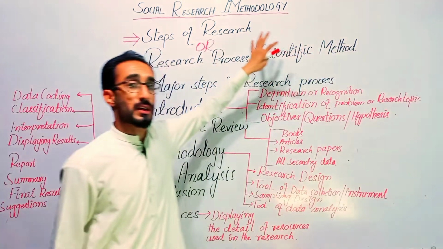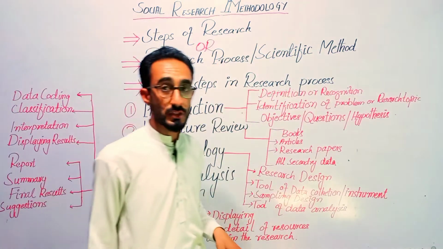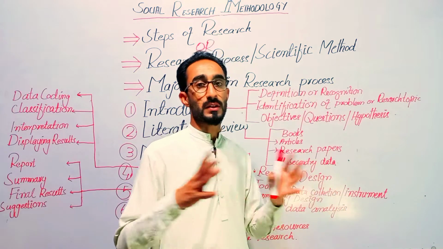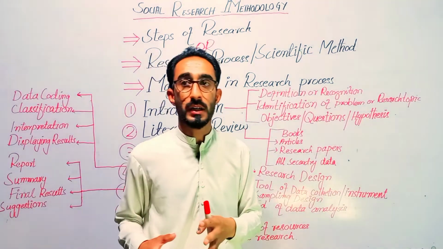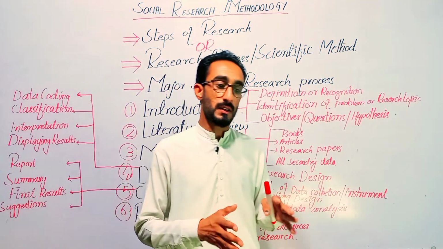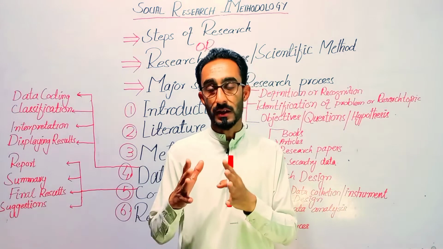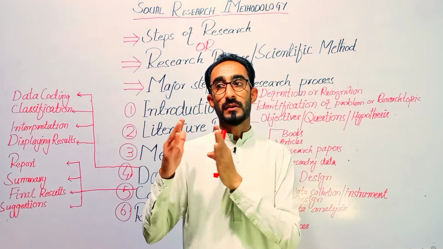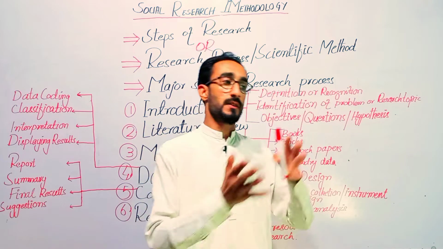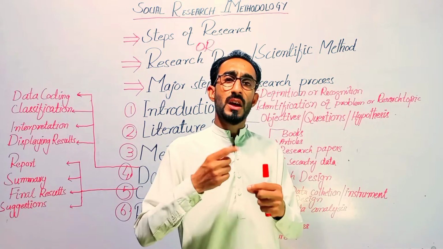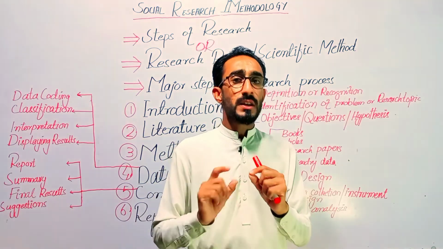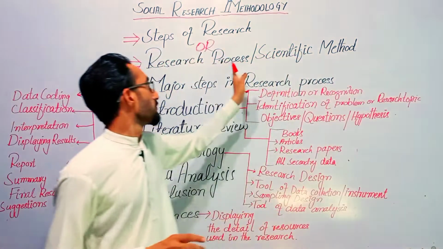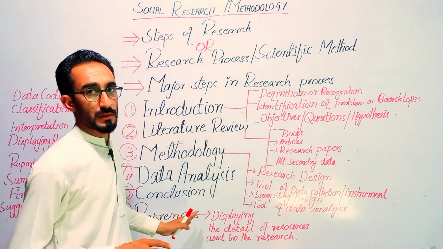These steps are common in every research design, whether it is qualitative, quantitative, experimental, non-experimental, or quasi-experimental, whether in social sciences or in natural sciences. In every research we are going to follow these major steps.